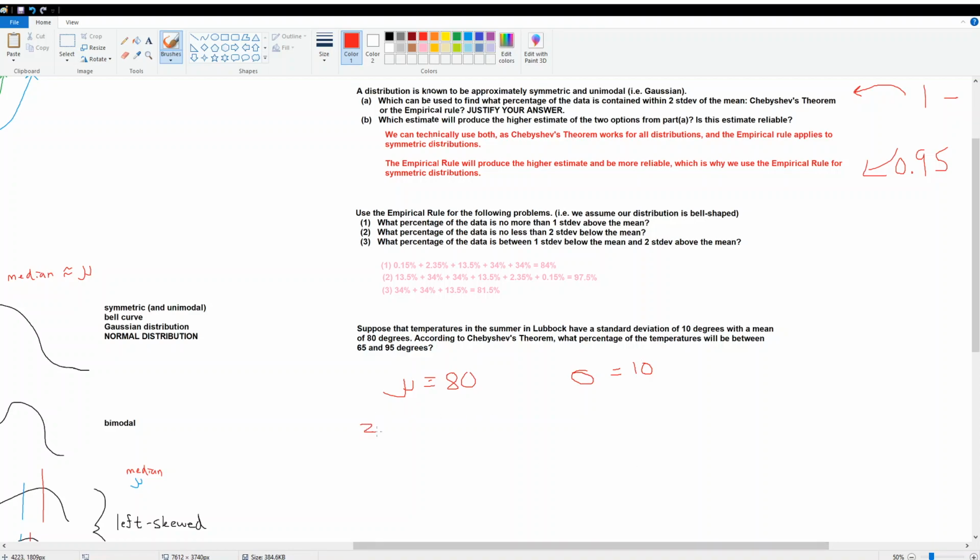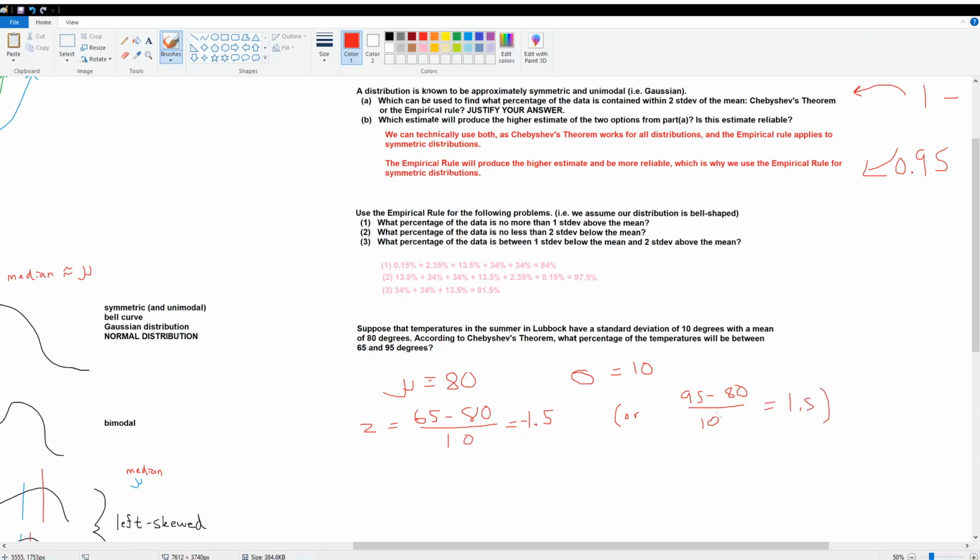In this case, our z-score will be 65 minus 80 over 10, which is 1.5, but negative. If you did it from the positive side, you would have 95 minus 80 over 10, which is positive 1.5.